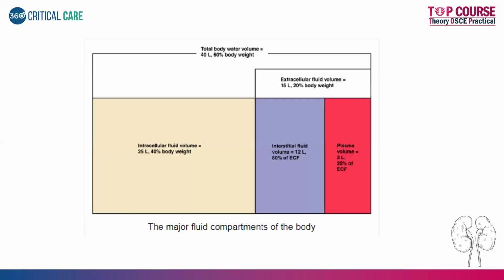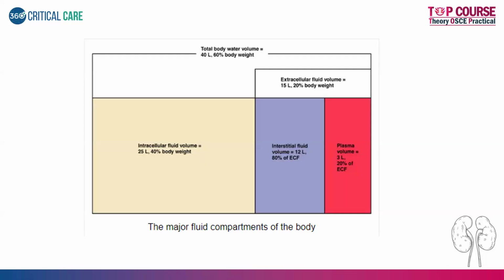So coming to the understanding of hyponatremia, we all know that the total body water comprises both the intracellular fluid and the extracellular fluid. The intracellular fluid roughly weighs about 40% of the body weight, and the extracellular fluid roughly around 20% of the body weight.